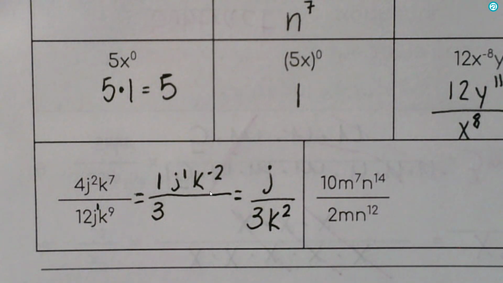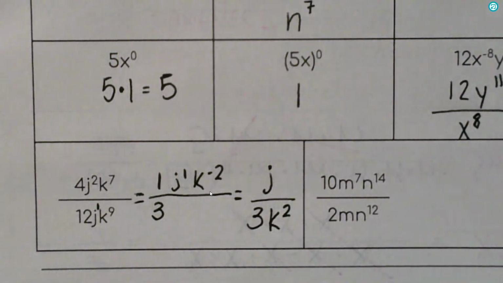So instead of doing 7 minus 9, which is negative 2, and then having to move it to the bottom, we could have just done 9 minus 7 and then left it on the bottom. If what I said just confused you, I would just do it in 2 steps. But you can think about that and skip over the step if that makes sense. Because if you think I have 7 on top and 9 on bottom, if you visualize what it would look like if you expanded it, well, I'm going to end up with 2 and they're going to be on bottom. Okay?